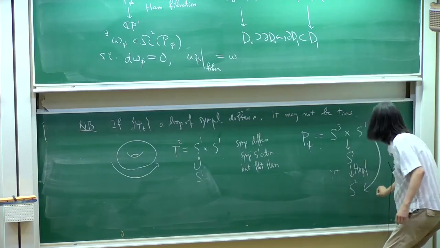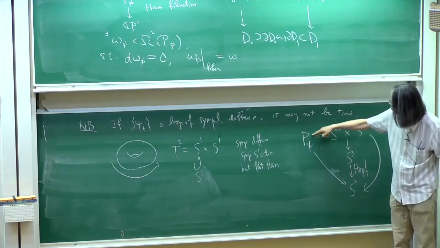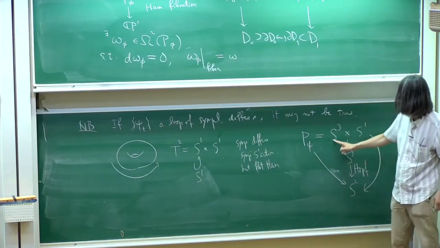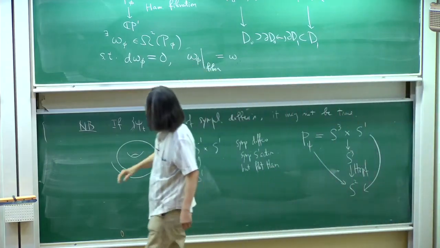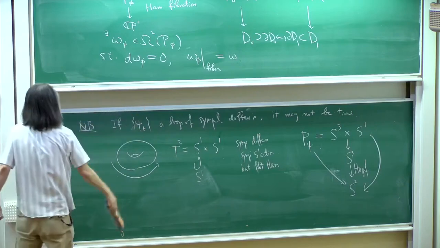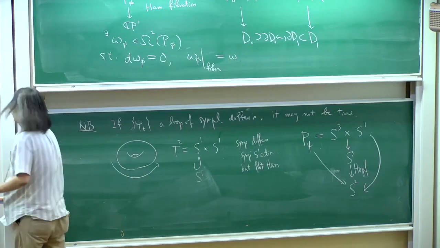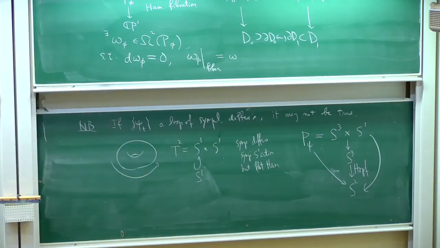So P psi is a bundle over S2, but the total space is isomorphic to S2 times S1, and this has no H2, so there is no way to extend the symplectic form on the fiber to this closed form, because the restriction is not cohomologous to 0. So the Hamiltonian condition is really necessary. What I'm saying is that you have Hamiltonian diffeomorphisms here, and this is quite essential.